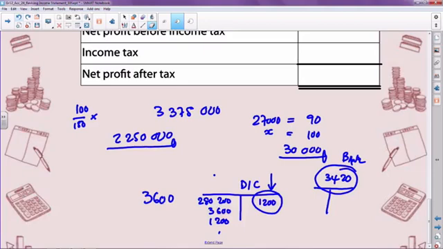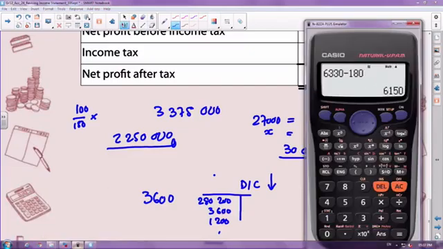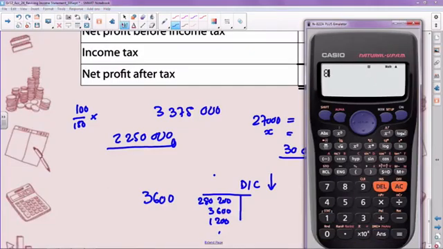Okay, so this is where your debtors control is standing at the moment, and what are we going to do now? Take our calculators. Take the 280,200. That's my balance that was given to me.